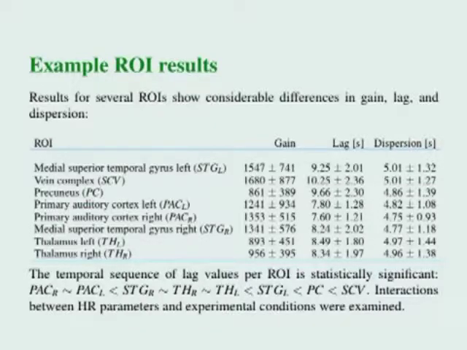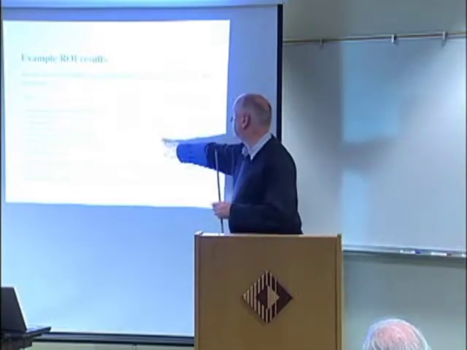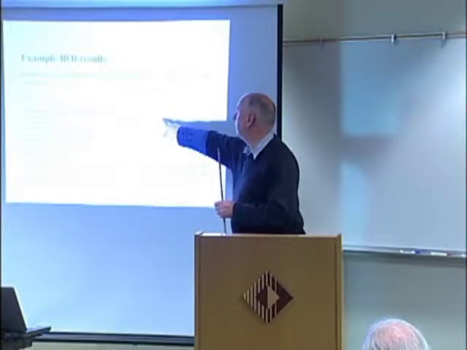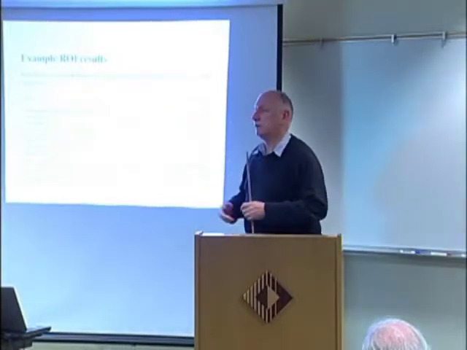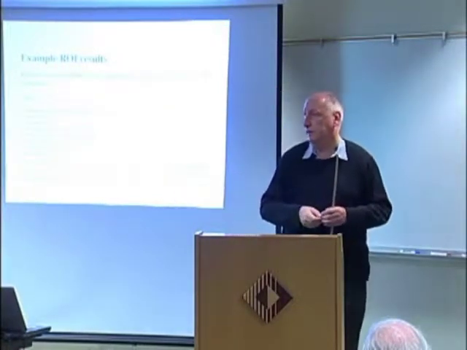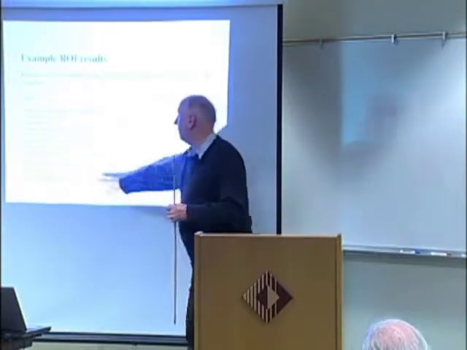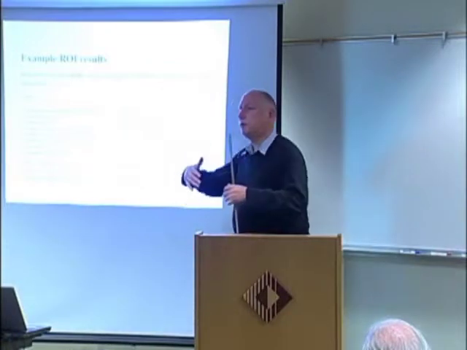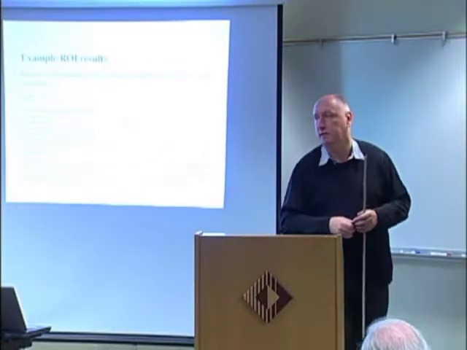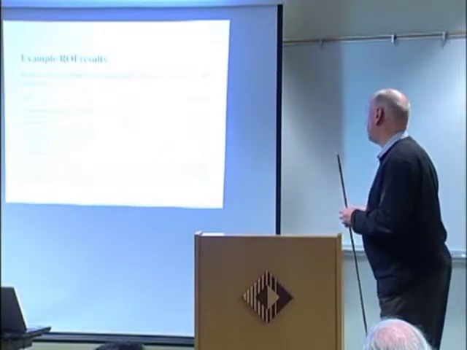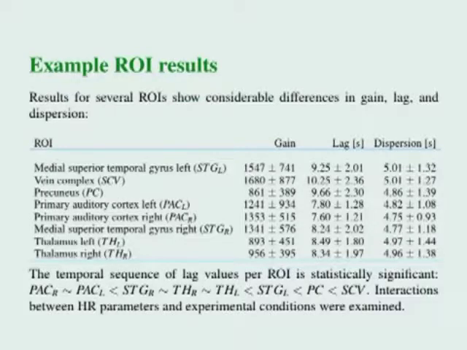So we can find out whether this is always earlier than that one. This is just simple statistics, and using it you can introduce a temporal ordering, a sequence by which these regions come up. And then, of course, you can study interactions between these hemodynamic parameters and your experimental conditions.